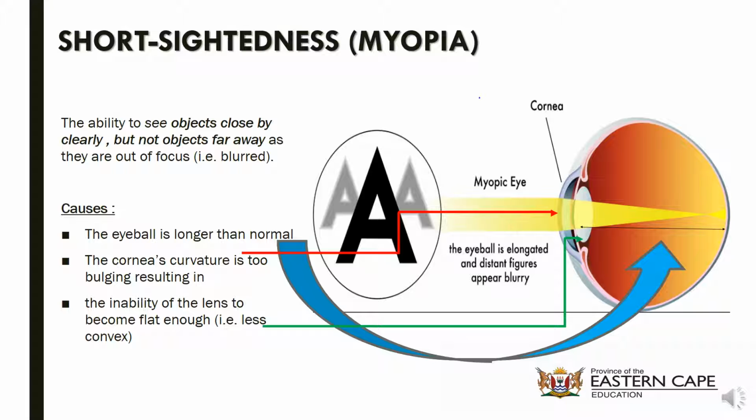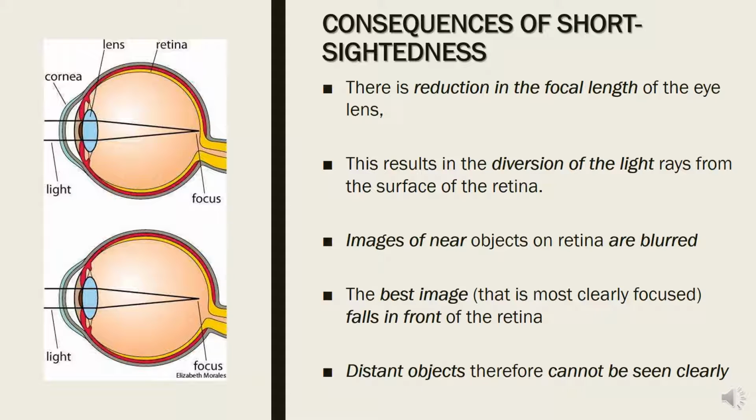So because you have those three setups happening in the eye, either the eyeball is longer than normal, or the curvature of your cornea is too bulging, which leads to the inability of the lens becoming flat, what does that do to the formation of the image, which is what we need to look at. Remember, we spoke about the consequences of being short-sighted.